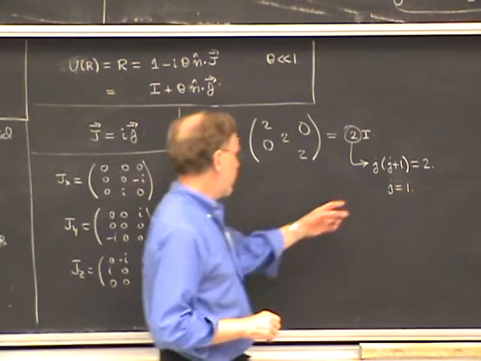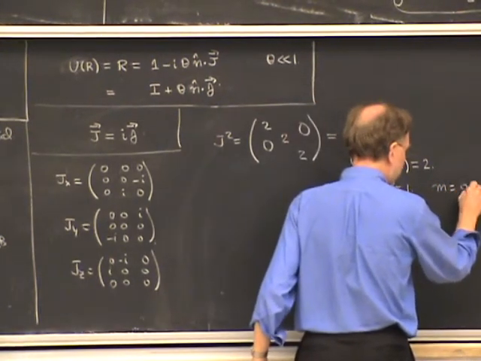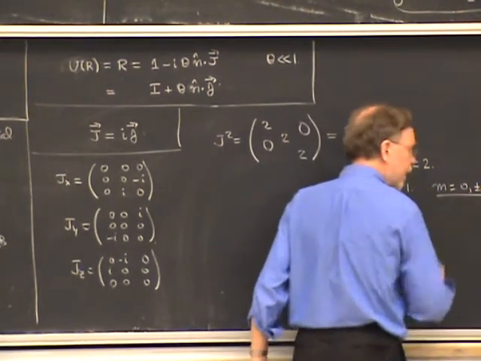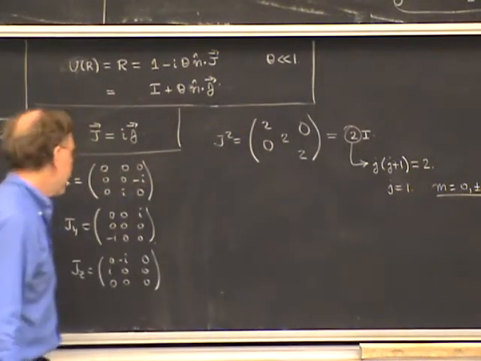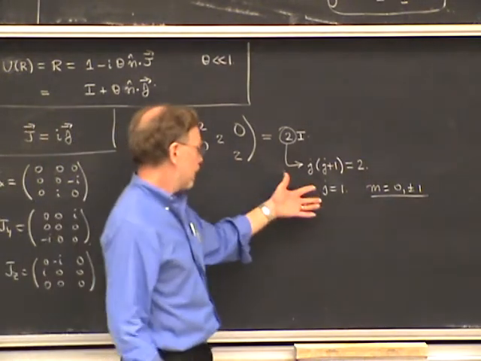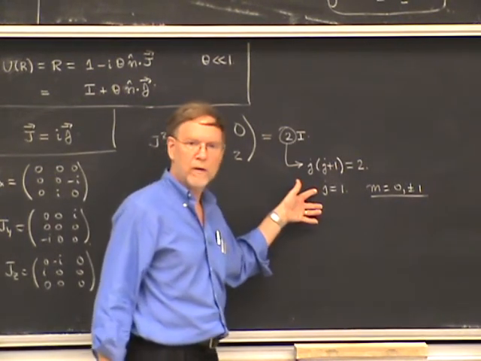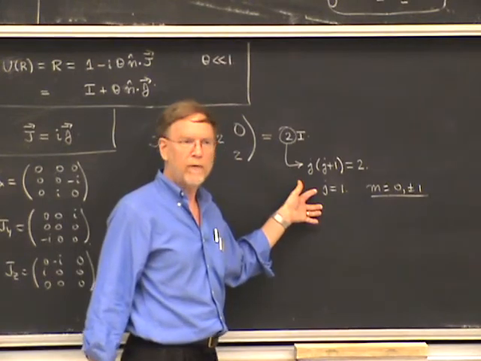In fact, J equals 1 space has to be at least three-dimensional because the corresponding magnetic quantum number goes 0 to plus and minus 1. It has three values. In fact, this space is exactly three-dimensional. So, in fact, this physical space is actually a single irreducible subspace under rotations with an angular momentum value of 1.